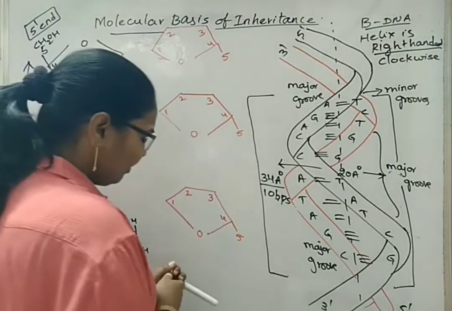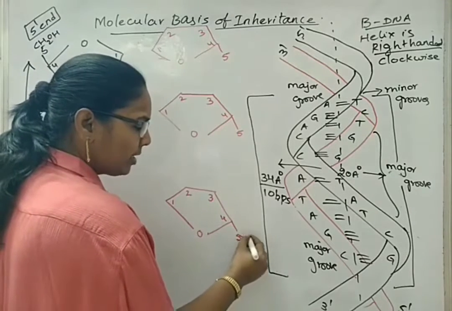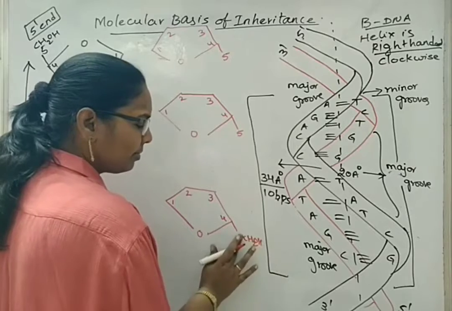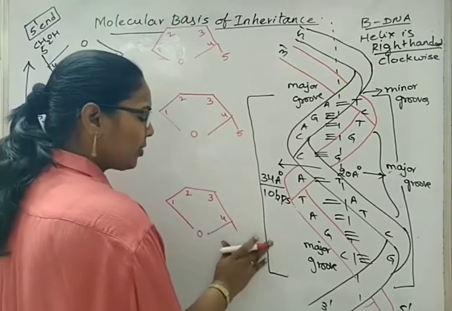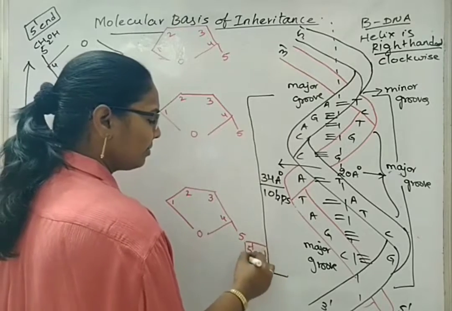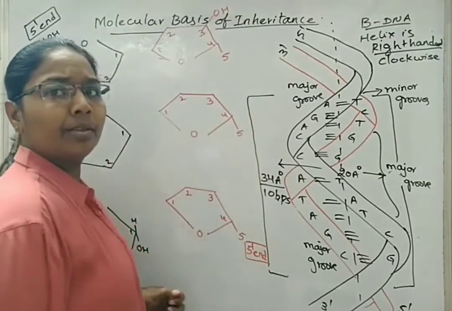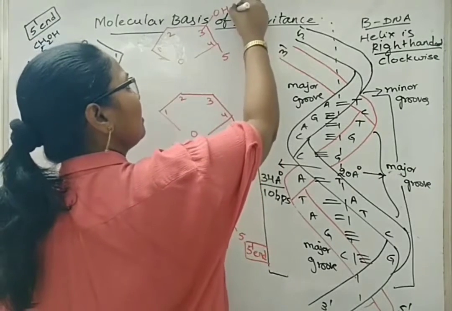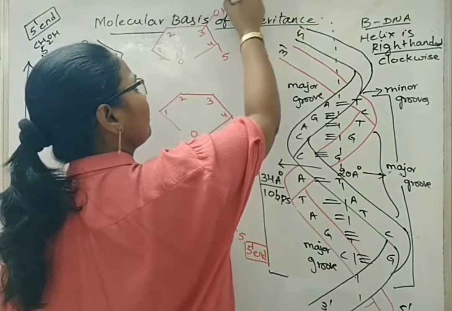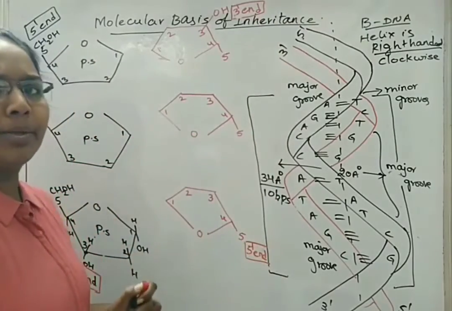See here also, the 5th carbon position is ending with CH2OH. So we can write this one as 5' end. Here also, this is ending with OH group. We can write here as 3' end.